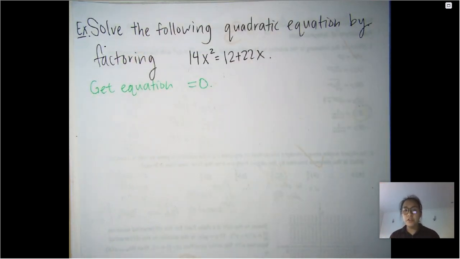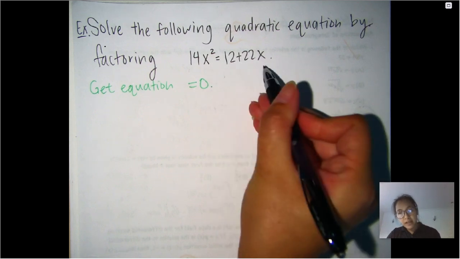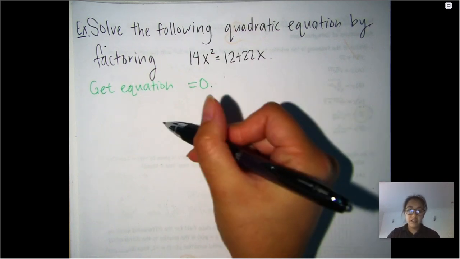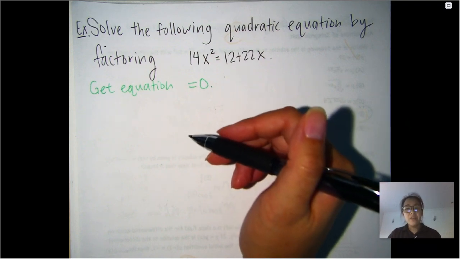If we're moving all of the terms to one side, you also want to write it in standard form. In general, for me personally, I like my a to be positive, meaning that the coefficient of x squared stays positive. So instead of moving the 14x squared over to the right side, I'm going to move each of the terms over to the left side. I know that we're moving more terms, but again, the goal is to keep that a value positive.